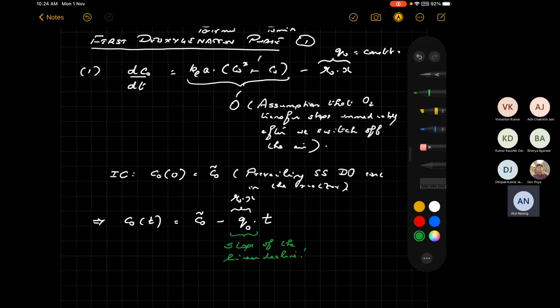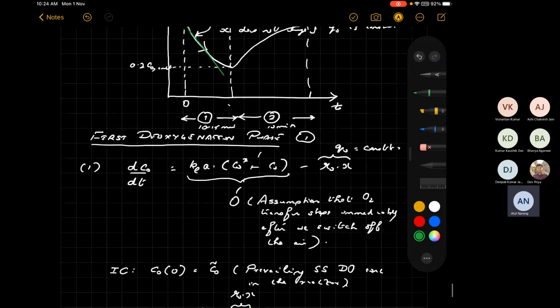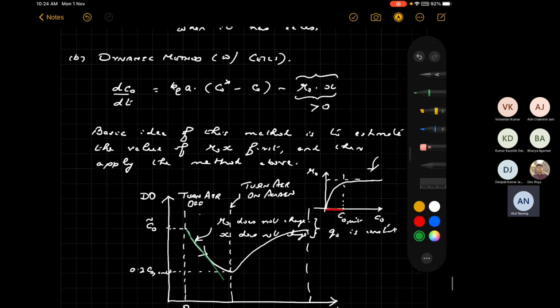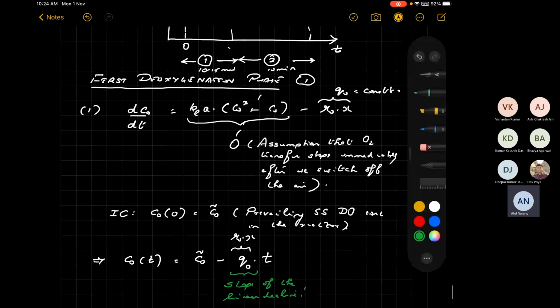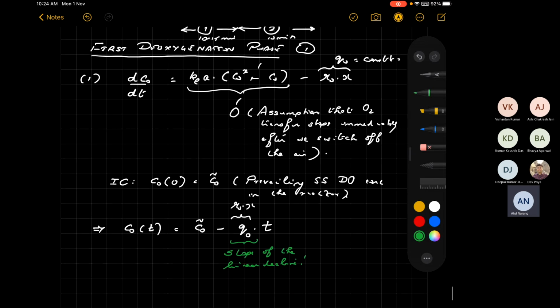So remember, when I started talking about this method, I said that we need to know the magnitude of this term. In our first stage, during which we turned off the air and allowed the dissolved oxygen to drop linearly, as it does according to the model, the slope of the decline gives me Q0.